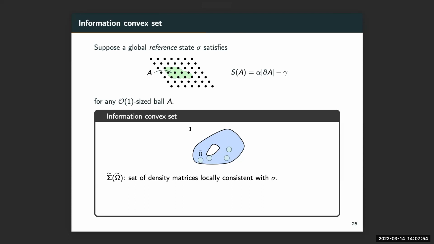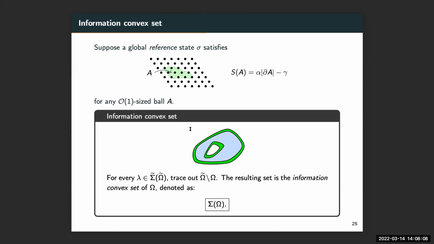So what you do is you enlarge this system a little bit, and then you have this set. It's just some set of density matrices. And then you trace out this little boundary region. You might think this is a little weird, but I won't have too much time to go into details on why I'm doing this, instead of just looking at the set of locally indistinguishable reduced density matrices.